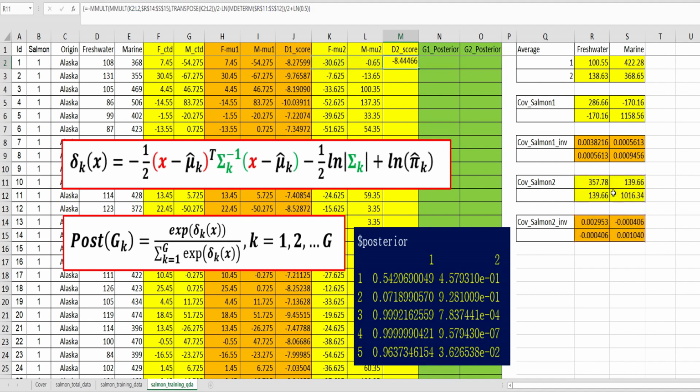And Control Shift Enter. Right, so double click it, we can apply this formula for other cells.